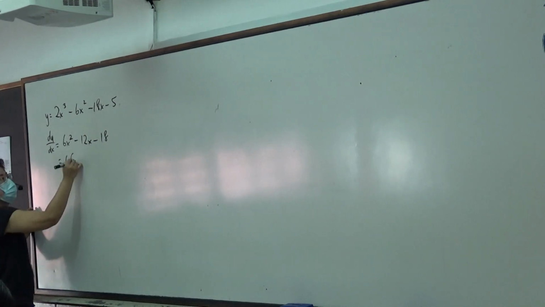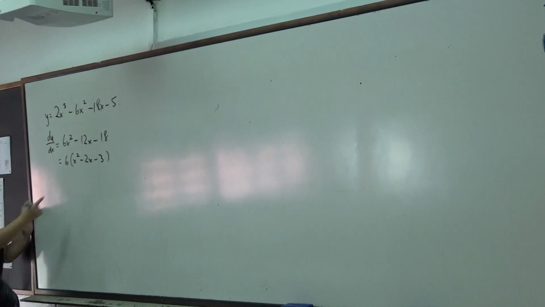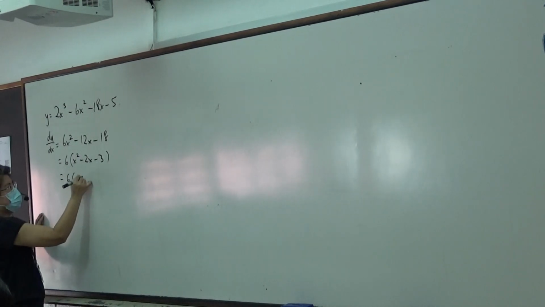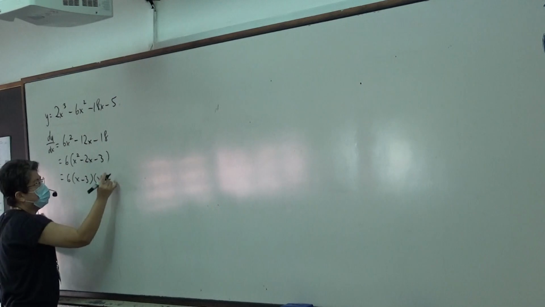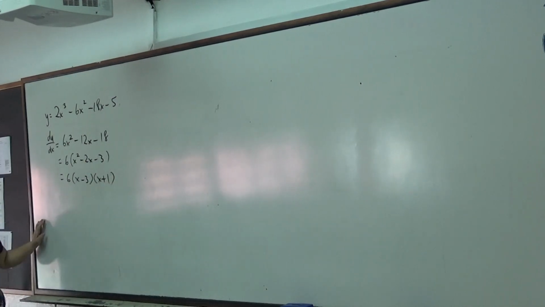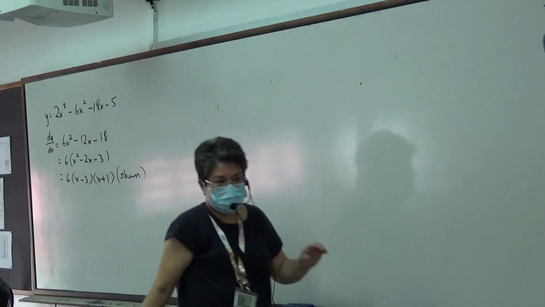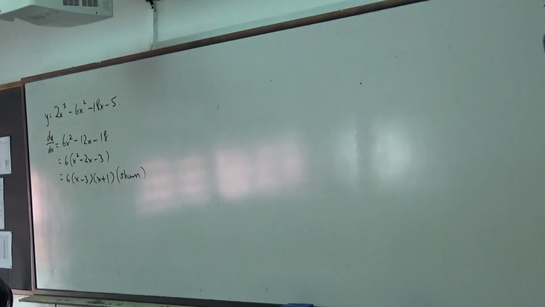Then what do I get? If I use cross method, I'll get x minus 3, x plus 1, right? Correct. So this is already shown. Even if you cannot show it, you can still use it.